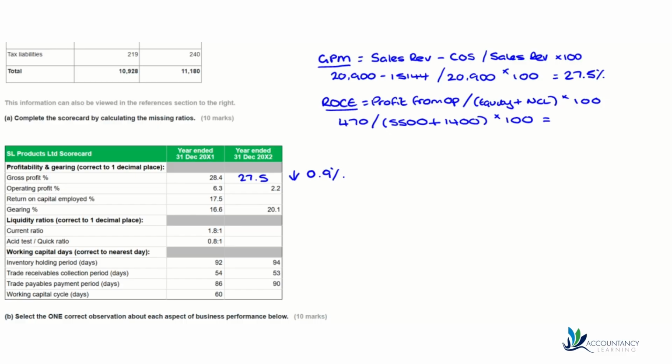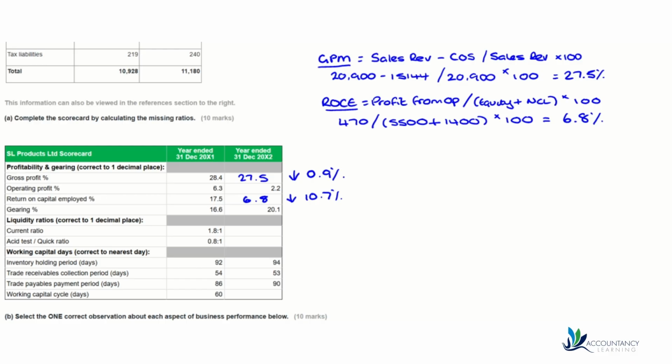So that's 470 divided by 6,900, and then multiply that by 100 gives us 6.8% to 1 decimal place. So we can see here there has been a decline of 10.7%.